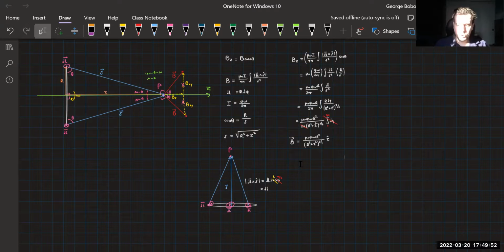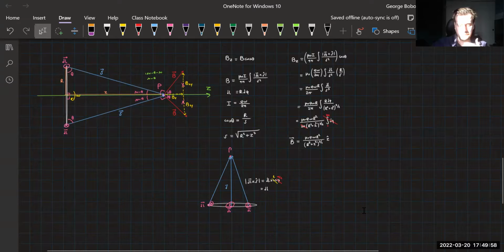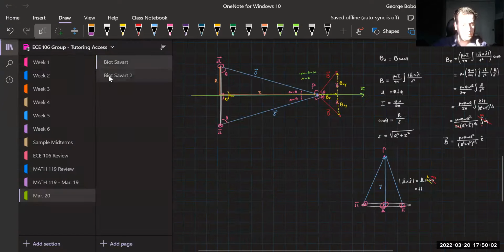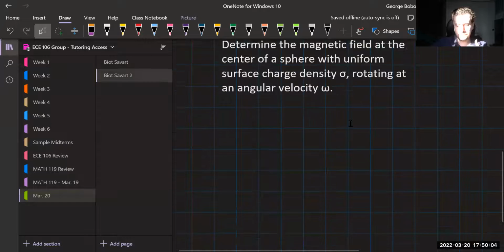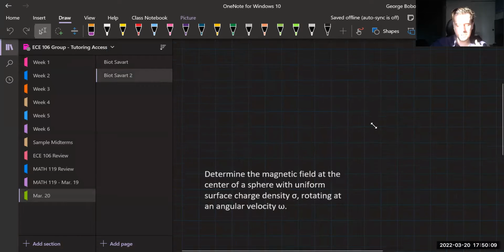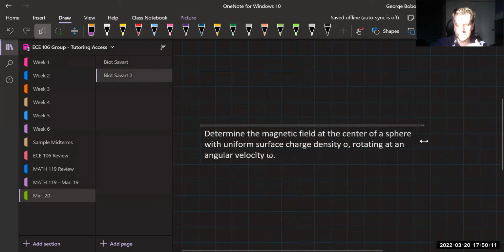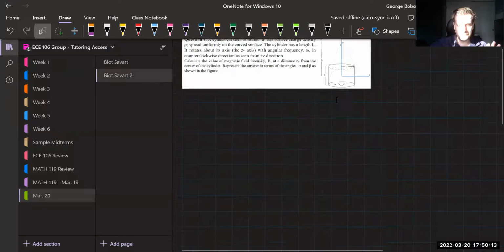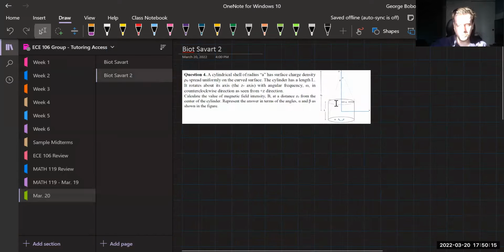Now, do you have the energy for one more? Particularly, I wanted to look at either the cylinder or the sphere that's spinning, a spinning cylinder or a spinning sphere. Do you have the energy to see one of these as well? You can do the other one if you see the first one. You can take a vote right now.